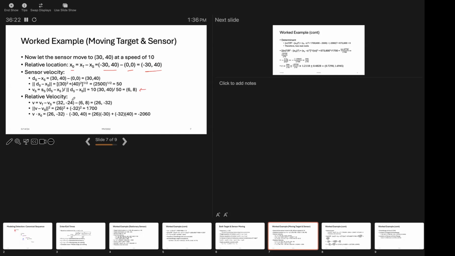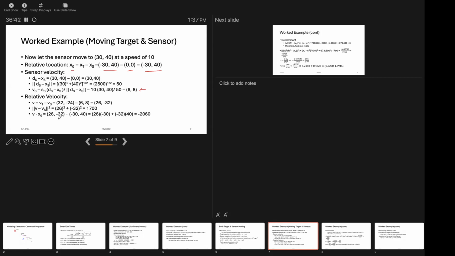Okay, so the relative velocity is the target velocity minus the sensor's velocity. So that's 32 minus 24 minus 6, 8. So that's 26, minus 32. Its magnitude squared is the sum of those squares, 1700.